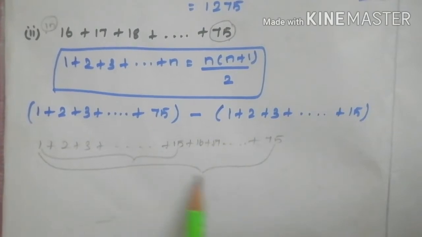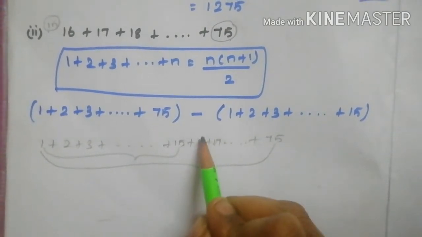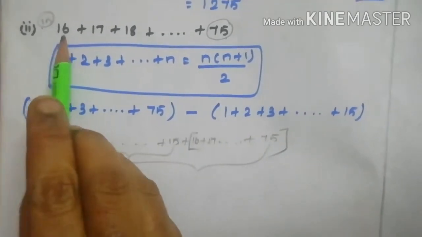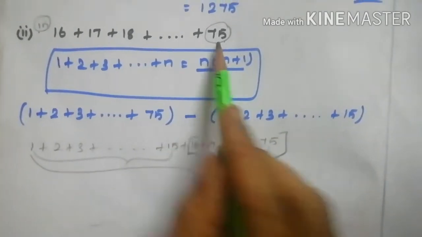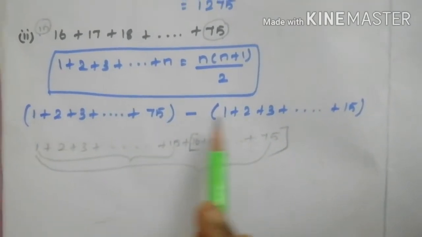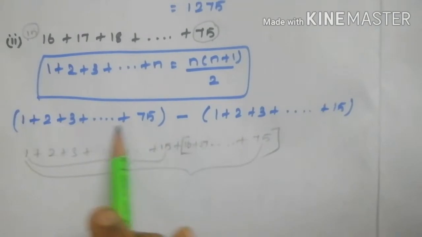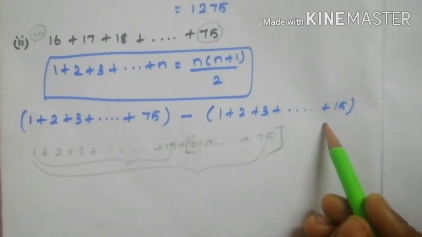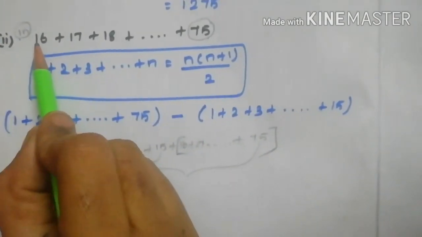When we subtract these two values, we get the sum of 16 to 75. So this is our question, we want the sum 16 to 75. Using this concept, from the 75 value we subtract the 15 value, and we get the answer for 16 to 75.